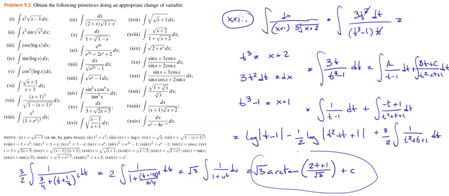Okay, this is what you get here. And then you can undo the change of variable, remembering that t is the cubic root of x plus 2, so you can write it here in all these words, and you're done. Okay, so this is the end of this integral.